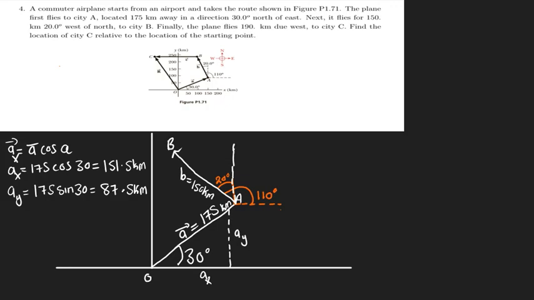I can extend that line on top, and then I can bring it this side. So I'm going to have two components. The first component is the one going on top, which I can call BY. The second component is the one going to my left, which I can call BX.